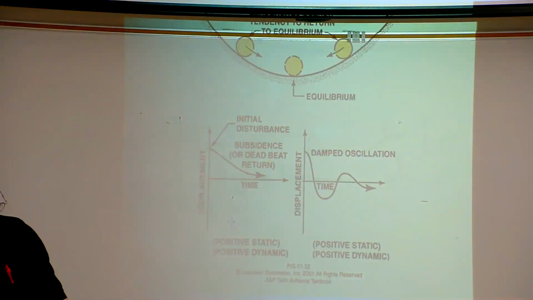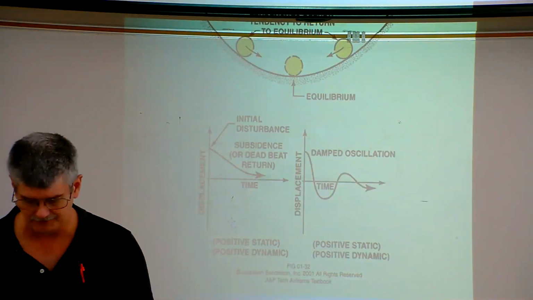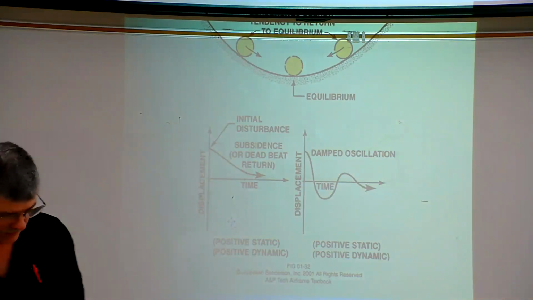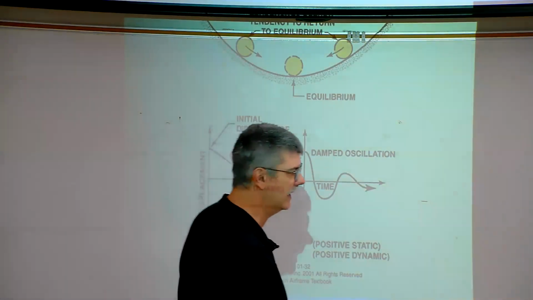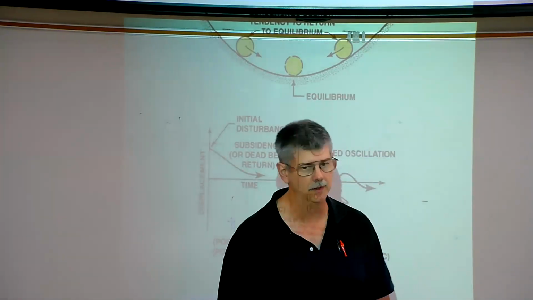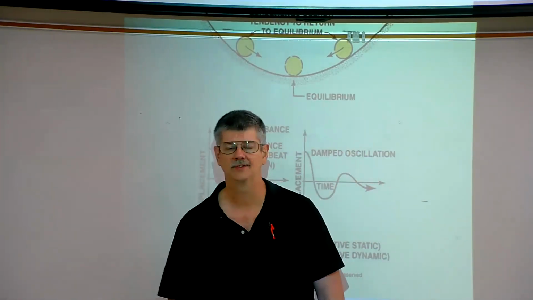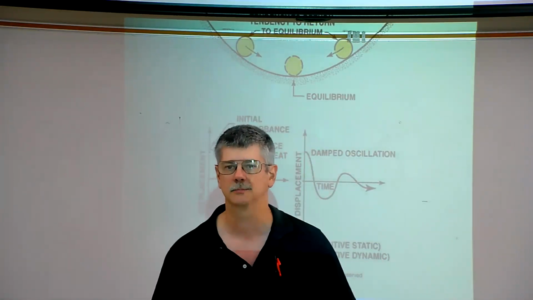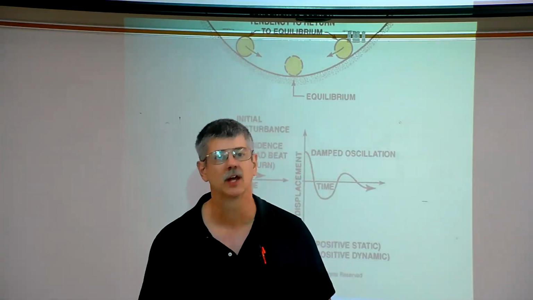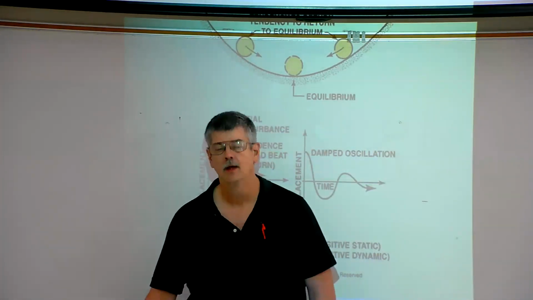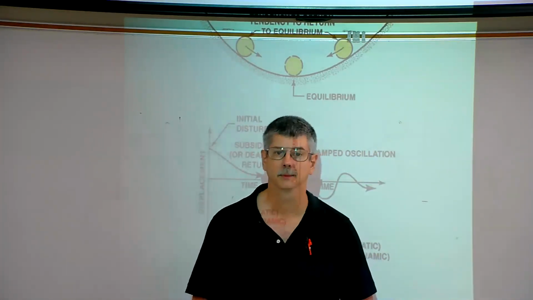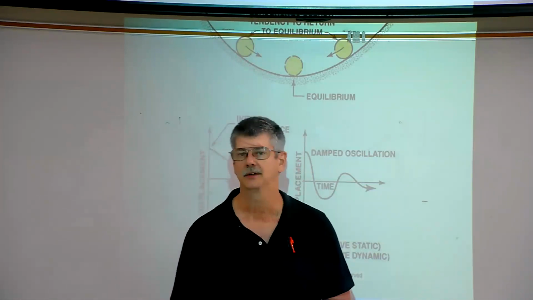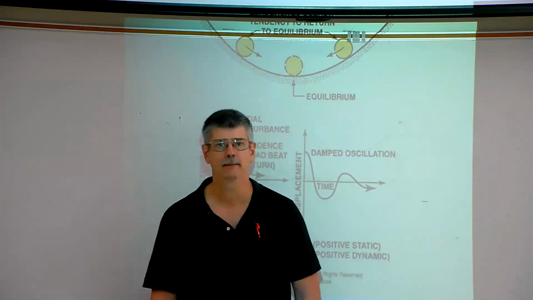All right. Then we talked about stability, and we said there are two different types of stability. The initial response of an object once it has been upset is known as its static stability. Whereas after the initial response, what happens is known as its dynamic stability. We do want to build our general aviation and commercial aircraft with a positive static and a positive dynamic stability.